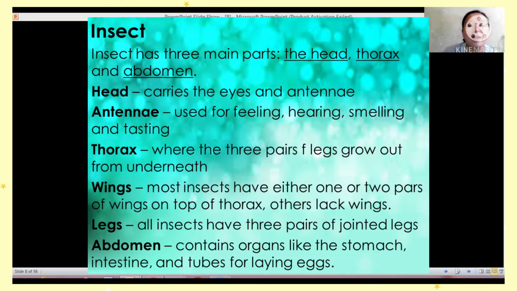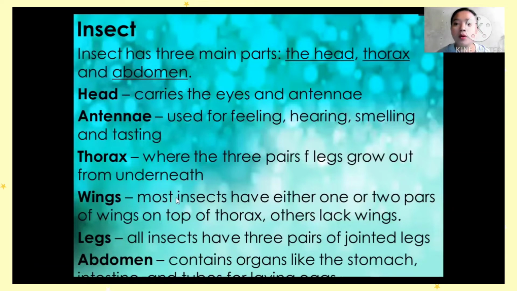What about the thorax? The thorax is where the three pairs of legs grow out from underneath. What about wings? Most insects have either one or two pairs of wings, and on top of the thorax. Others lack wings.